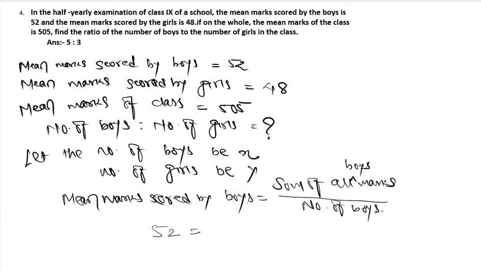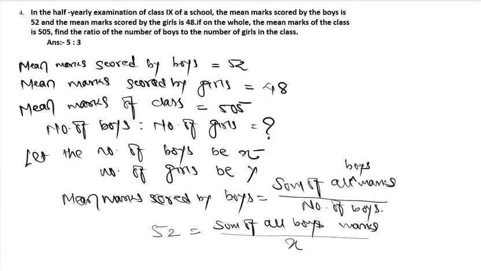52 is equal to sum of all boys' marks upon number of boys. We don't know the sum of all boys' marks. And what is the number of boys which we have? x. We have taken the number of boys as x, right?